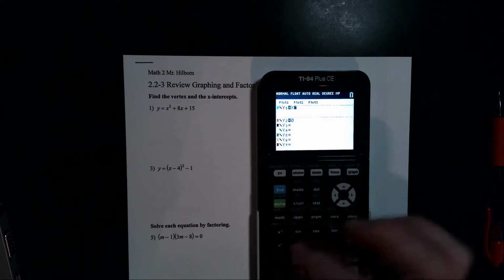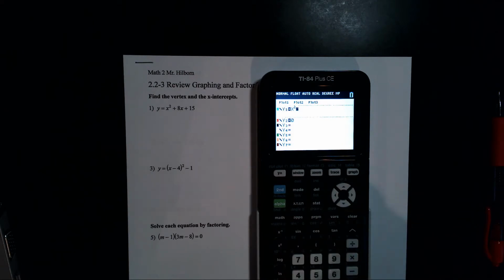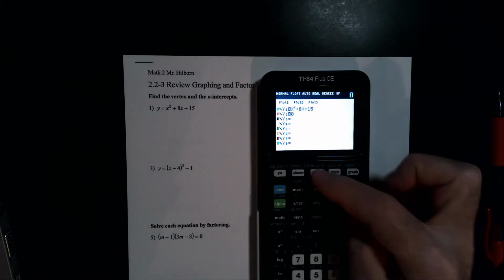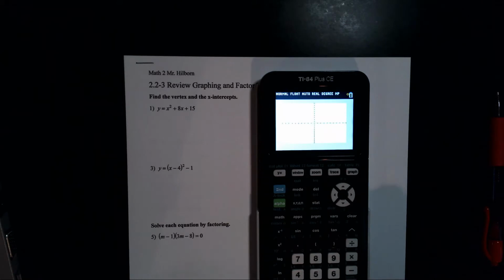All right, x squared plus 8x plus 15. And under y sub 2, make sure you put the 0, because when we do the x-intercepts, we're going to run the intersection program, and to intersect you have to have two lines. So we're going to go zoom 6 to graph that.